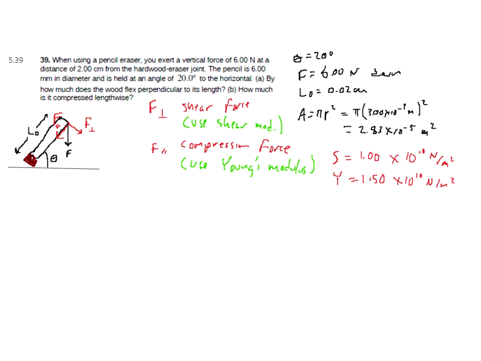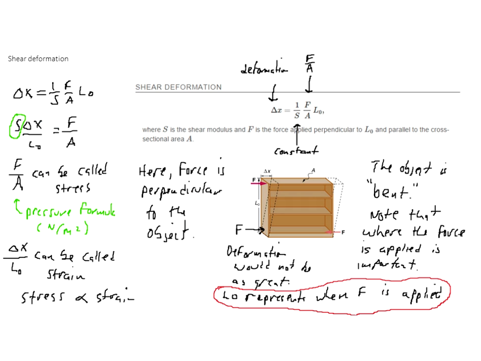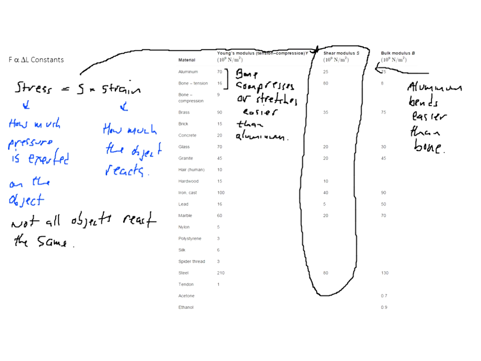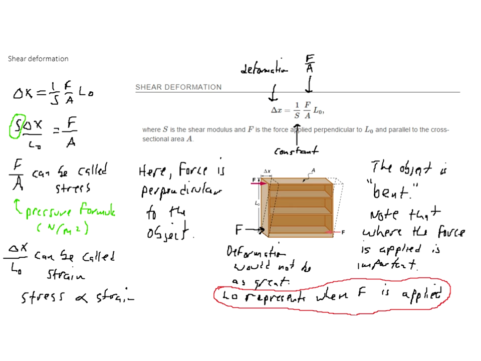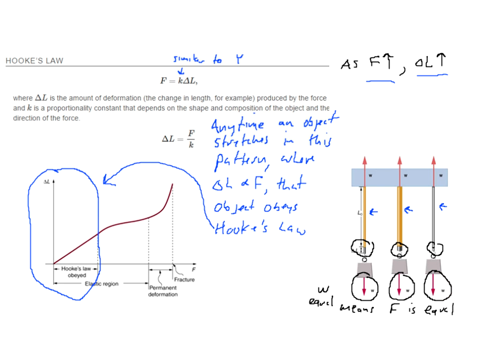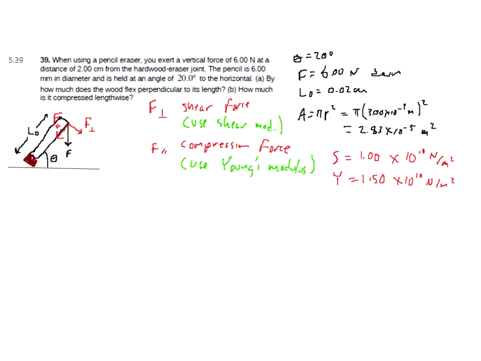Okay, so these force application problems are typically pretty straightforward. The most difficult part of the problem, I think, is deciding, is it a shear force or is it a compression force? So in general, the stress is proportional to the strain. So the stress is the force that we're exerting.